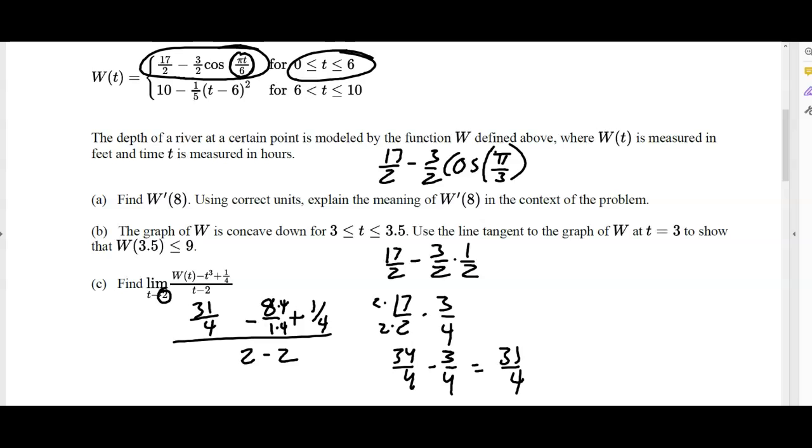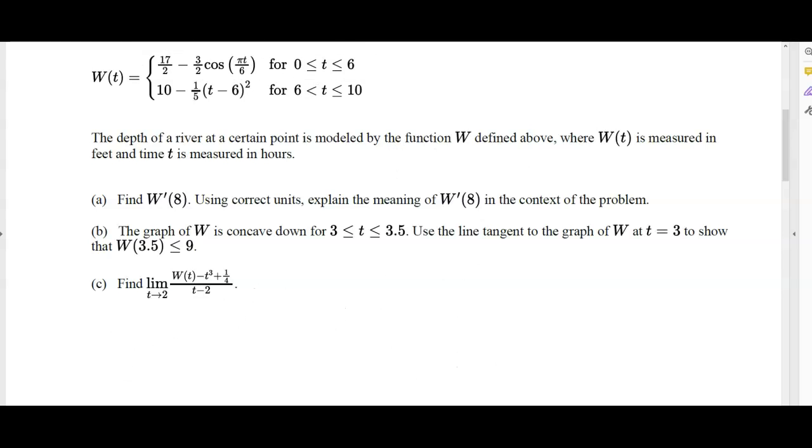So let me replace that then with 32 over 4. And just like what I was expecting there, notice that the bottom of this whole thing equals 0. Well, if you combine all these, you also get 0. And when that happens, you're going to be using L'Hopital. So L'Hopital it is.